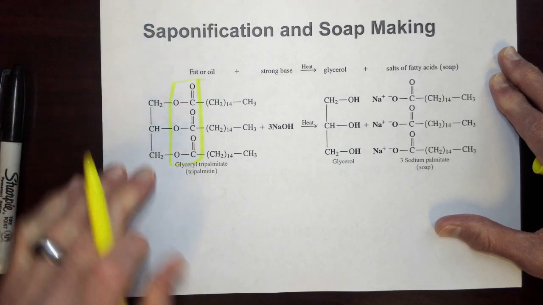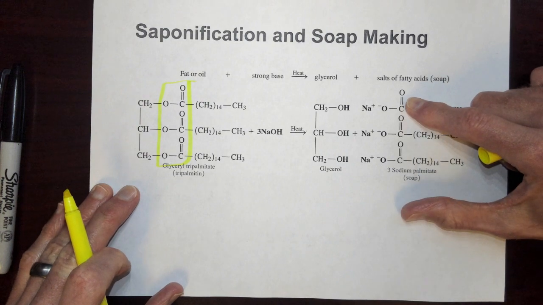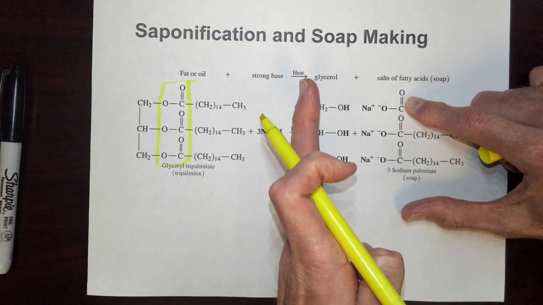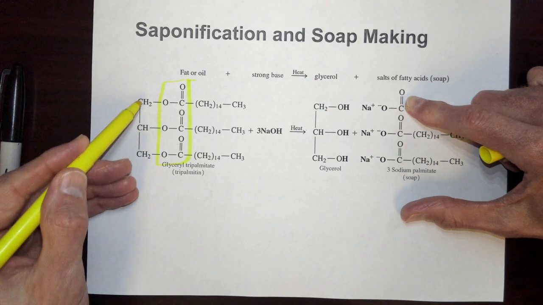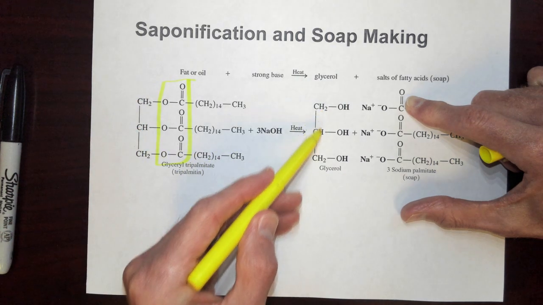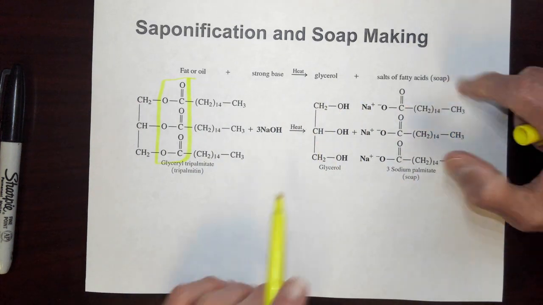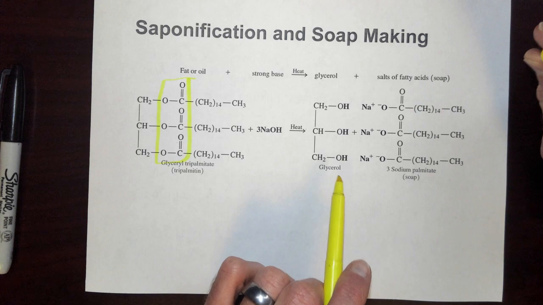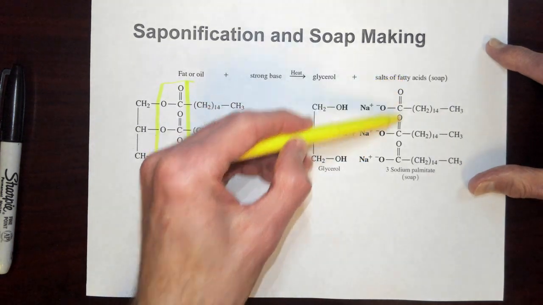Notice right there. Okay, that center piece, what happens? Okay, the glycerol comes off. Let's see the CH2s right here coming off. Okay, giving us the glycerol alcohol here, and then the salts of those fatty acids.